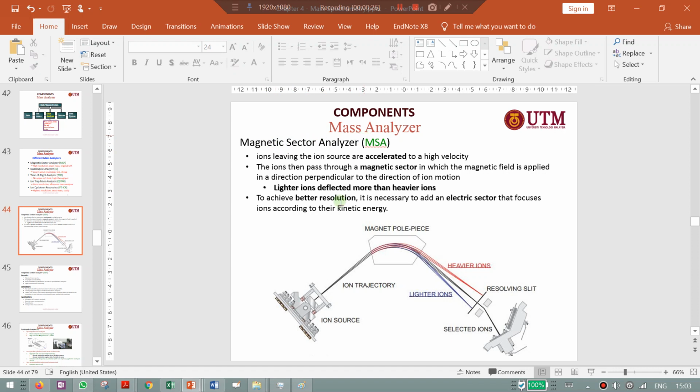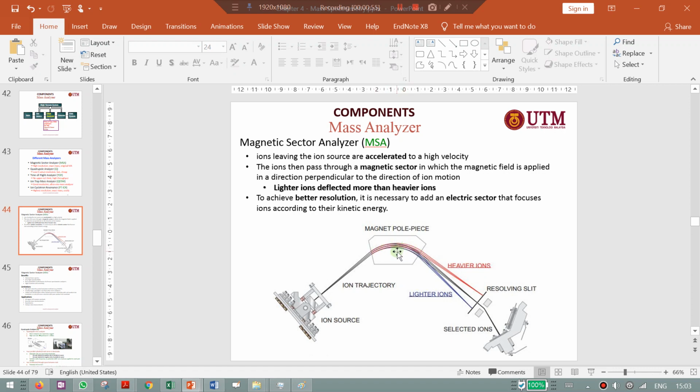In the magnetic sector analyzer, after the ionization process, our ions leave the ion source, accelerated at high velocity. Here we will have a magnetic field. After leaving the ion source, the ions accelerate at high velocity, then pass through the magnetic sector over here.